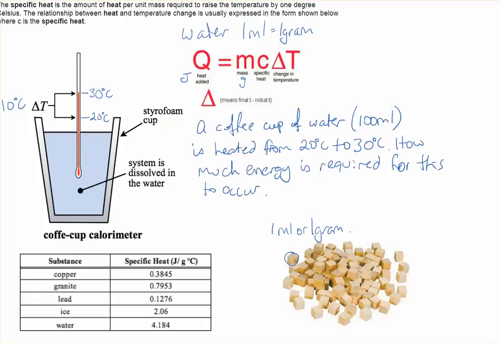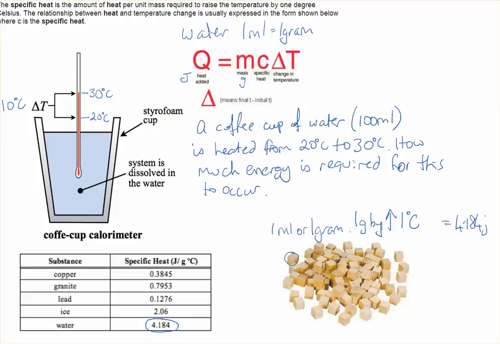To heat that 1 gram of water by 1 degree Celsius, looking at this table, I would need to put in 4.184 joules.